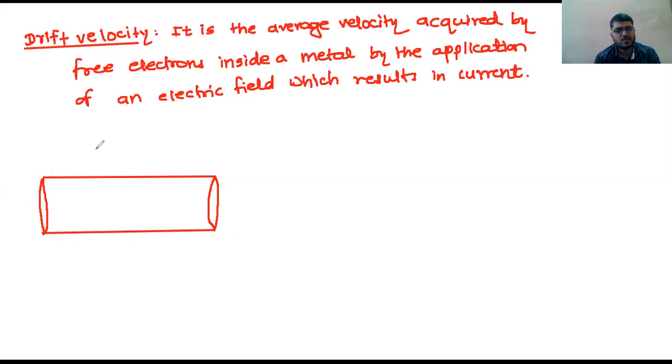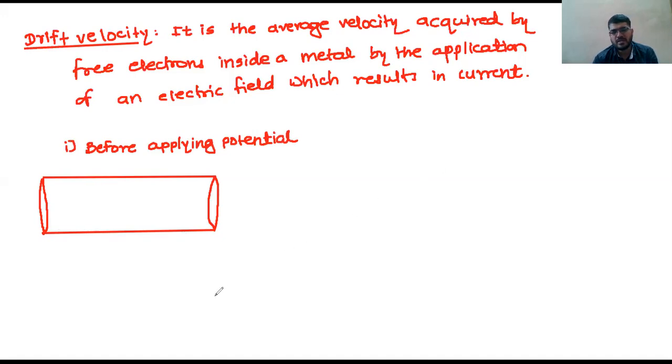Let us suppose, before applying potential, this is case one.